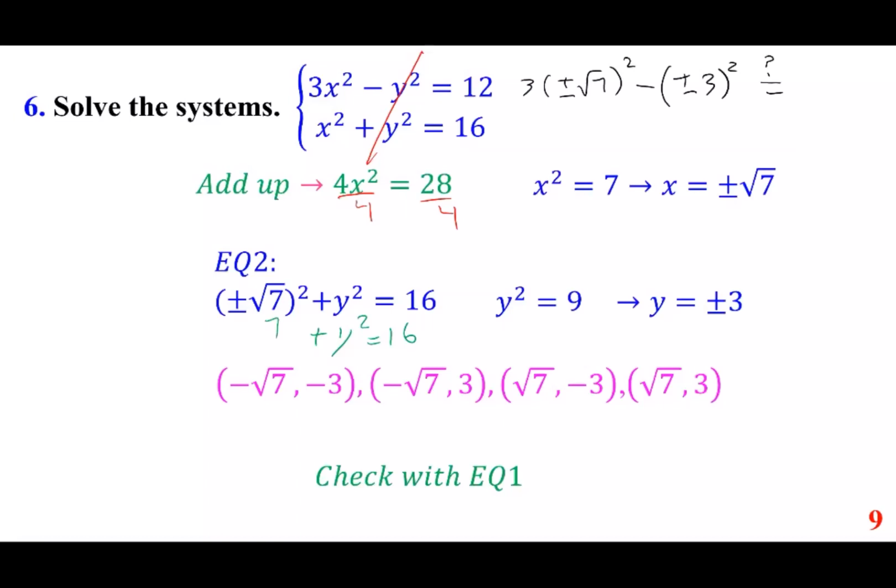And I put a question mark because I'm looking for 12. I hope you realize this is 3 times 7, and this is minus 9, and 3 times 7, 21, minus 9. It checks. Notice we came up with the correct answer.